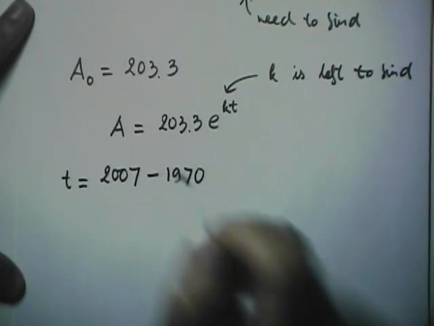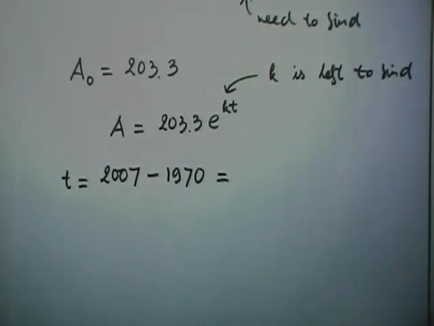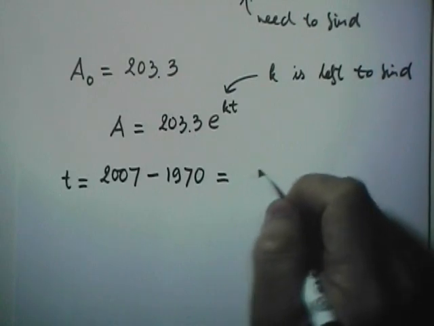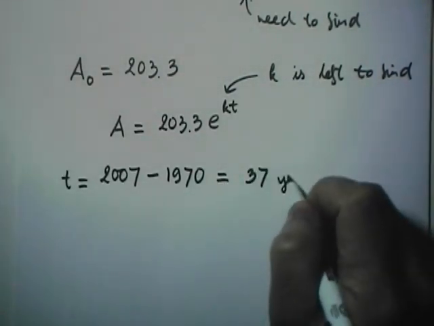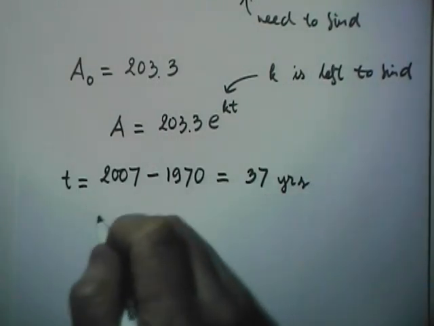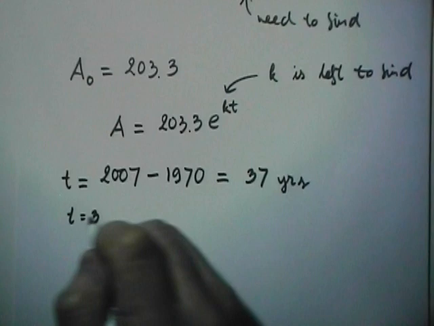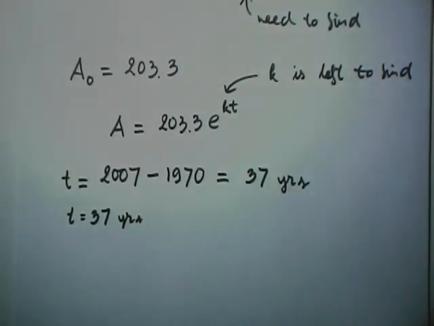So the total amount of time here, in all these years, would be 37 years. So t here is 37 years. So t equals 37 years. We found one further clue here.